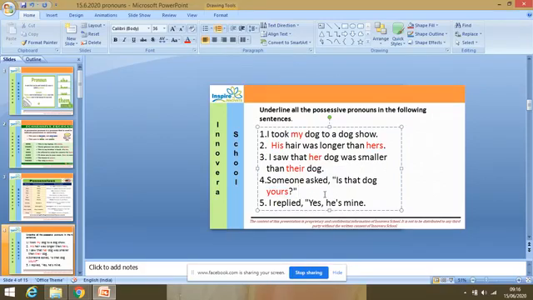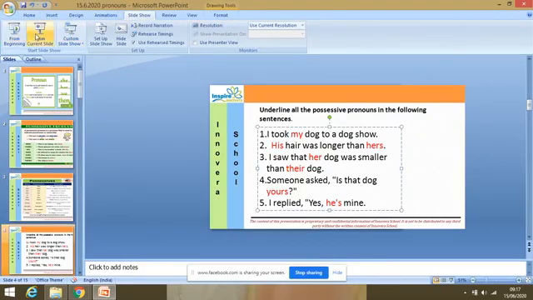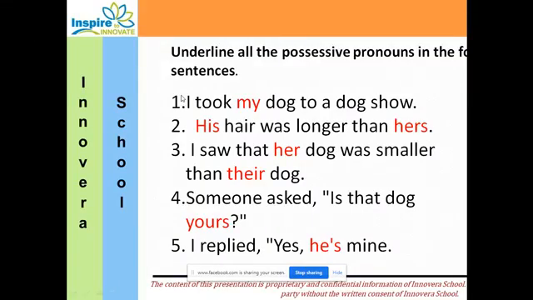Fifth one: I replied, "Yes, he is mine." What will be the possessive pronoun here? Mine. He is mine. Okay, children, can you see how I have underlined or colored the possessive pronouns?